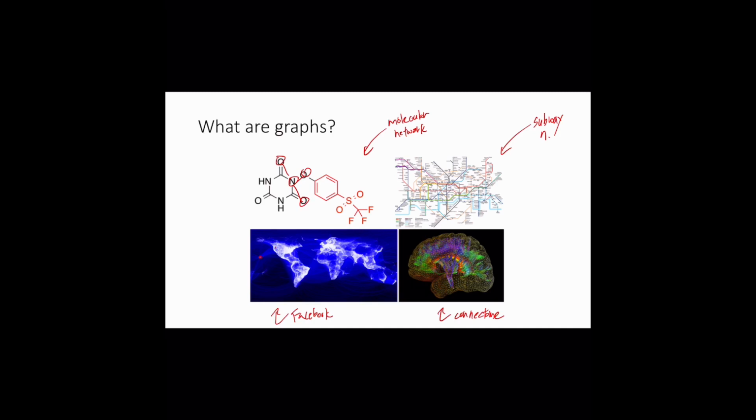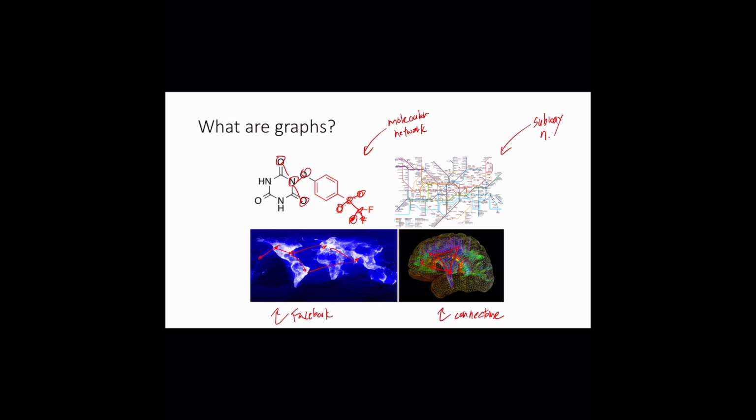Let's make some example nodes here. And these have connections between each other. So in all four of these examples, it actually matters how you arrange the nodes and connect them.